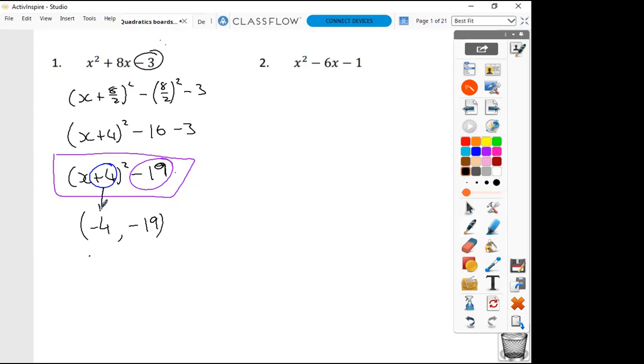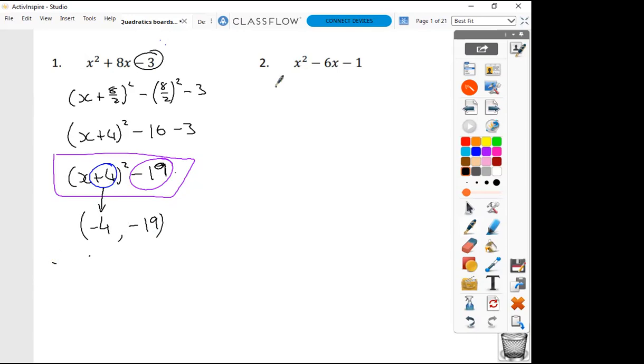Again, awkwardly, you have to change the sign of that term. So +4 when we complete the square becomes -4 in the turning point coordinate. Okay, so let's do another one.